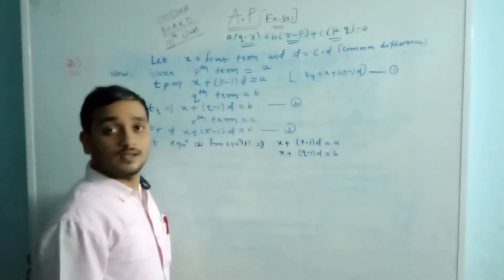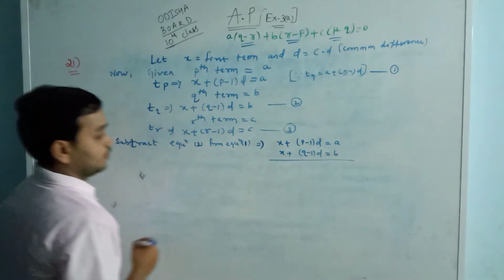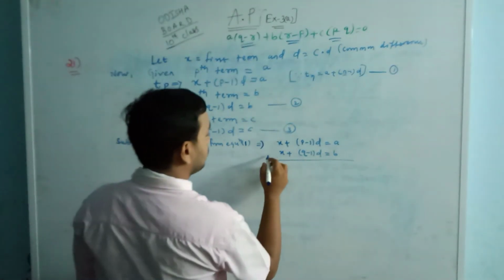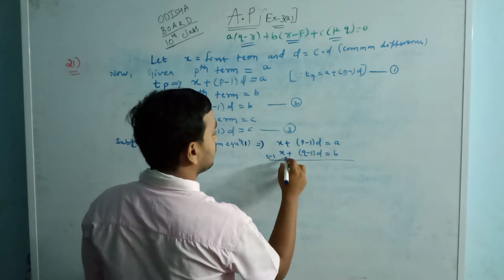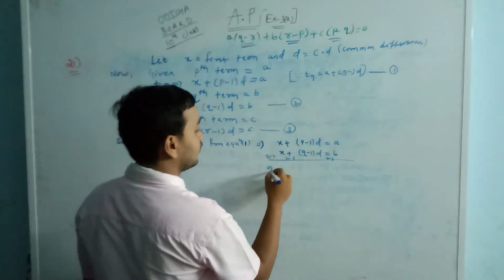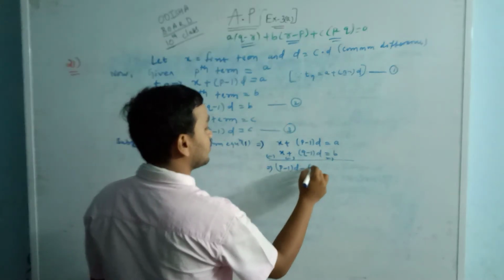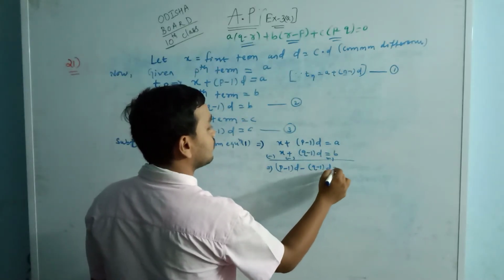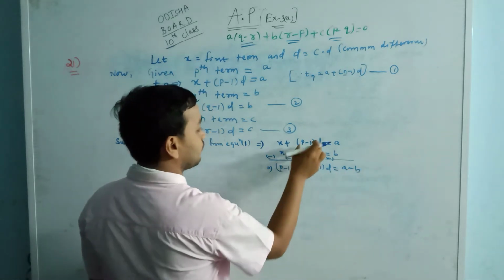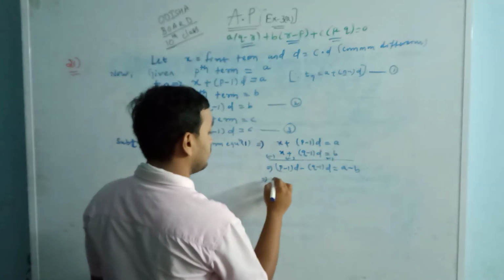Take minus on both sides, so this will be minus, this will be minus, this will be minus. See, x cancels, remaining (p minus 1) into d minus (q minus 1) into d is equal to a minus b. This minus this, this minus this. Now solve it.